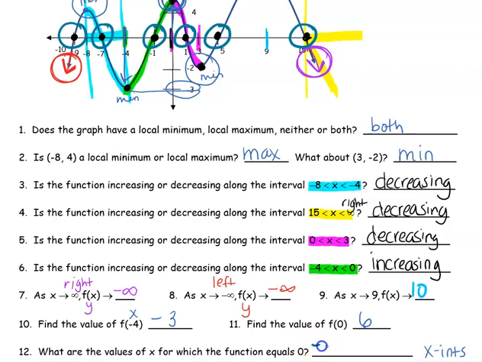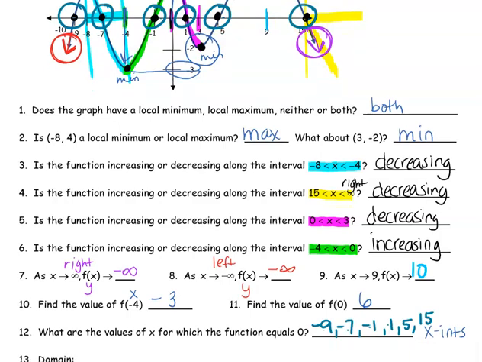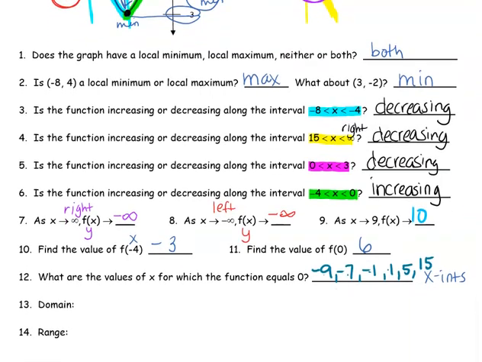We have it at -9, -7, -1, 1, 5, and 15. Did I get them all? 1, 2, 3, 4, 5, 6. Yep.